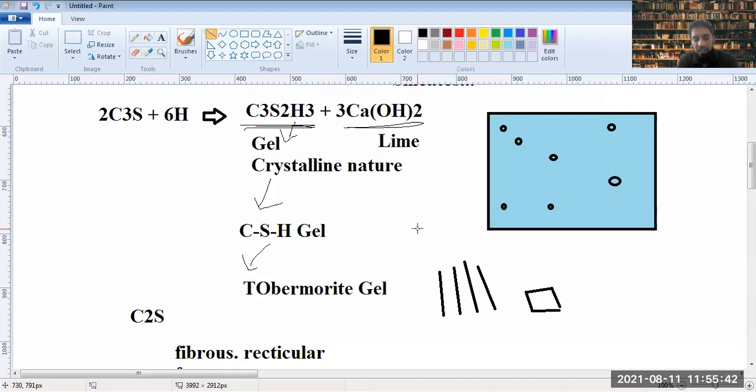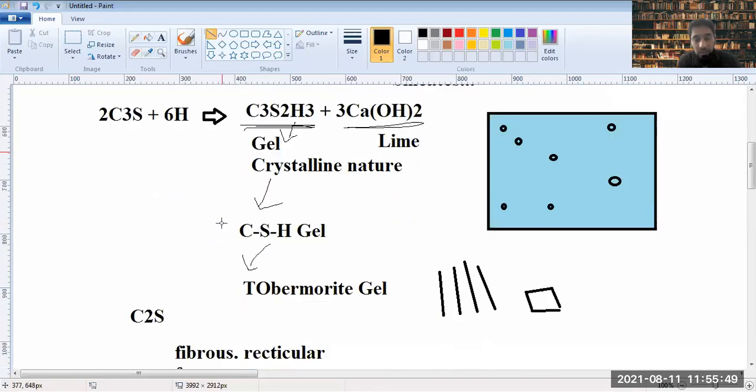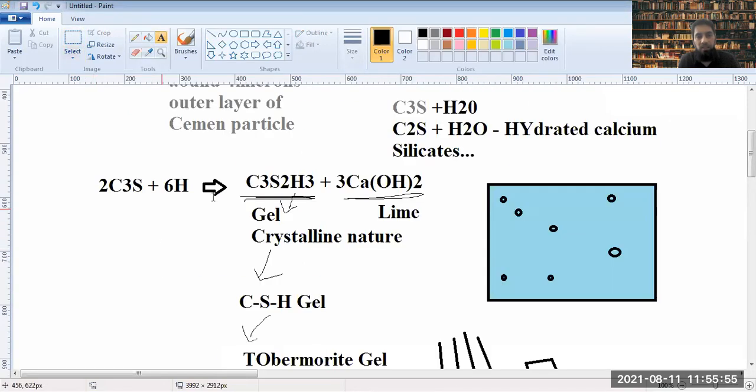Now there is a third one, but before coming to that, I wanted to discuss this. What happens during this reaction when it's combining with H from H2O?